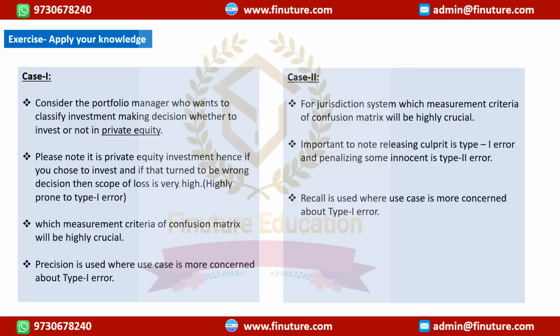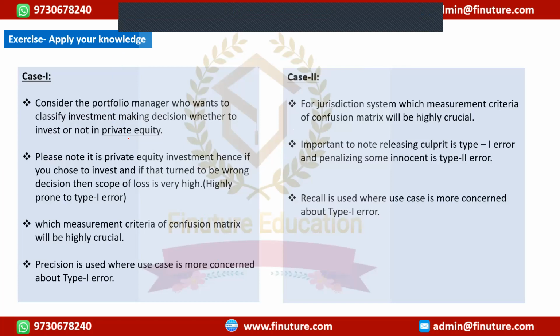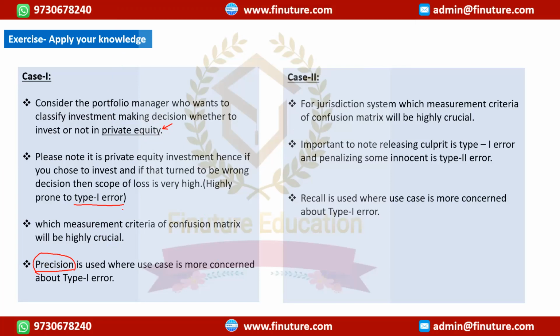Coming back to the application of the knowledge, as we saw, there is a portfolio manager who wants to make a decision whether to invest in private equity or not. For him, it's precision that he would mainly be focusing on, because there is scope for type 1 error. When we say type 1 error, if the investment is not good but we ended up concluding that the investment is good, then there could be huge losses.